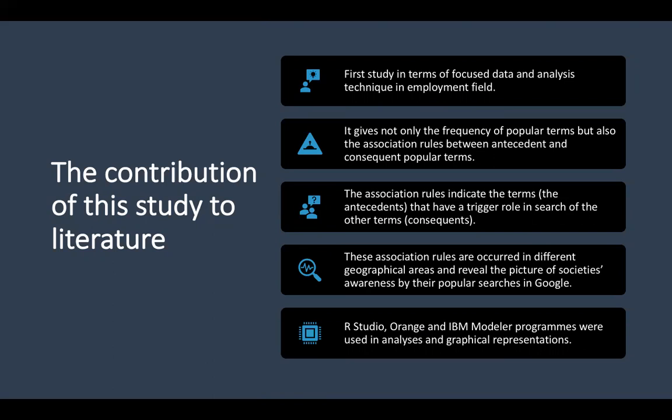Also, this study gives not only the frequency of popular terms, but also the association between these terms. So this is also important. Association rules also indicate which term is the antecedent and which is the consequent. And these association rules occur in different geographical areas and can reveal the picture of societies, or the awareness of societies about this kind of social issues.